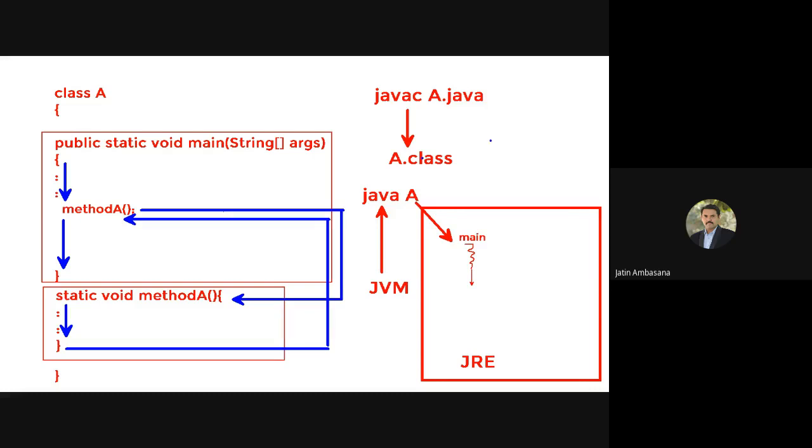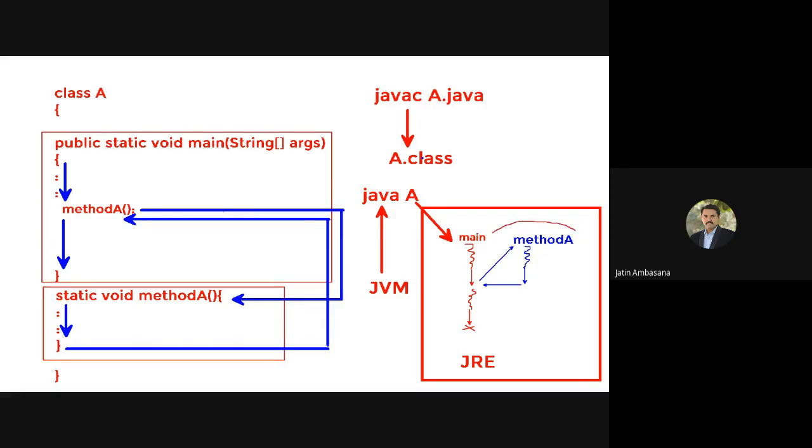So the main method is executed, and now the thread gets transferred to method A, and the thread executes over there. Then the control returns, and the execution of main continues and stops at some point. This is what happens.